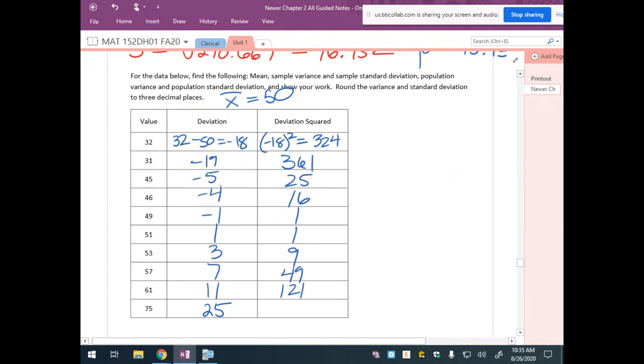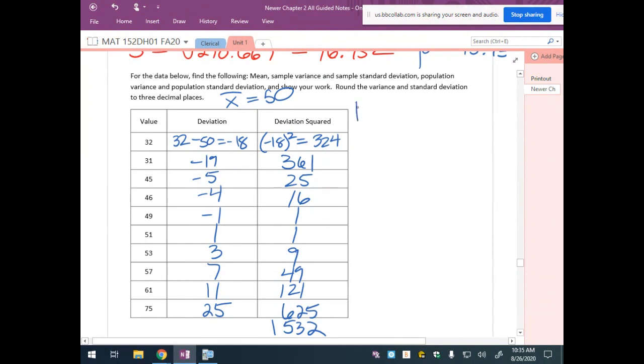121 and 625. So we need to figure out the ever important sum of squared deviations. What's that going to be? 1,532. That is correct. Now, my friends, that's going to give us all of our necessary statistics.